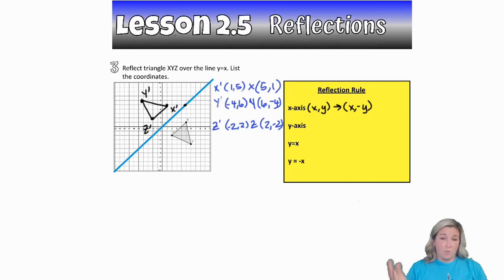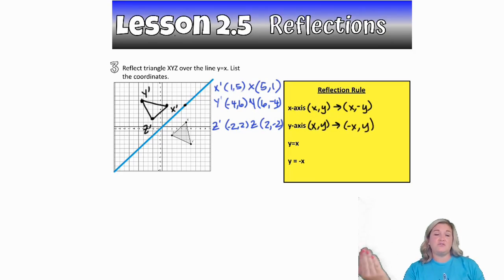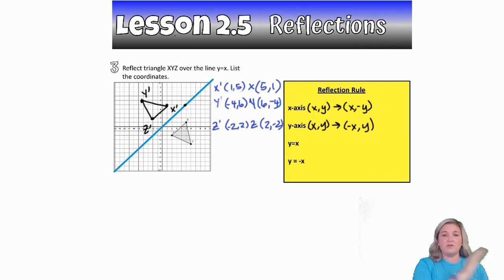If we reflect over the y-axis, that is going to change the sign of x. Hopefully that makes sense because if I shift from one side of the y-axis to the other, then that's going to go from positive to negative and same thing, negative to positive.